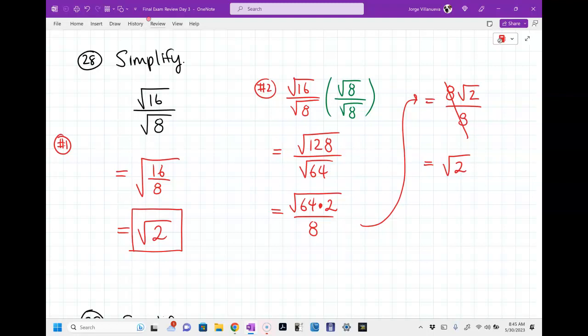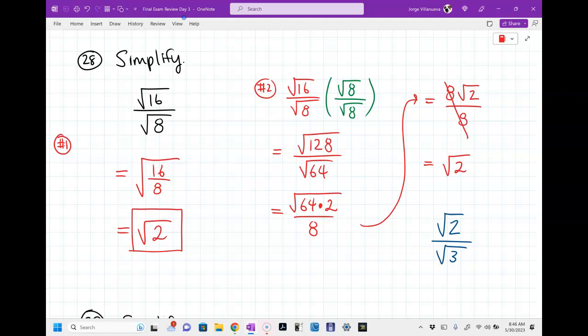All right, but the reason why I'm showing you method number 2 is because what if you can't divide them? This is what I mean by not dividing them. What if you had this question? Square root of 2 divided by square root of 3. You can't just say, oh, that's the big square root of 2 over 3 and those divide. Those don't divide. 2 divided by 3 doesn't happen. So then you would have to do this by using method 2.